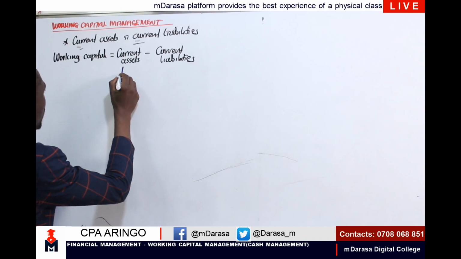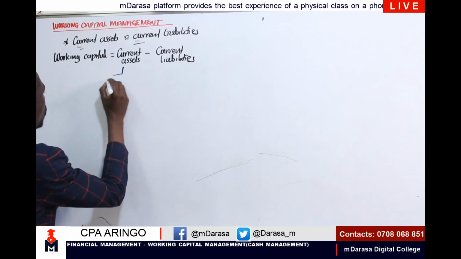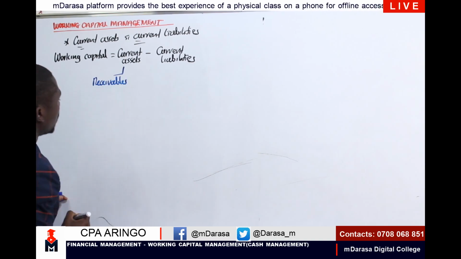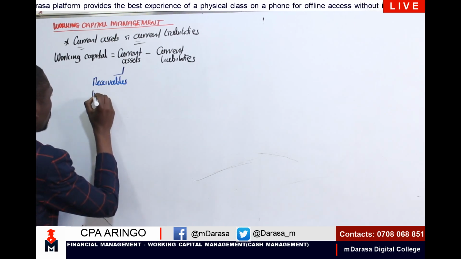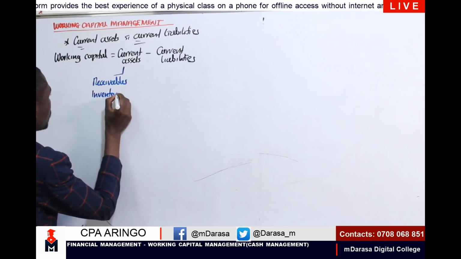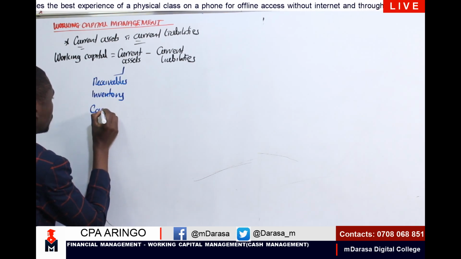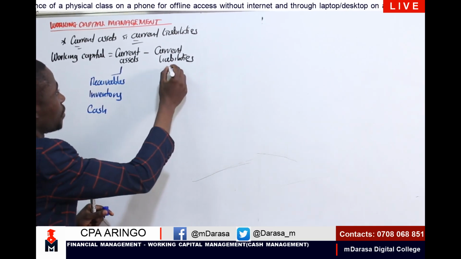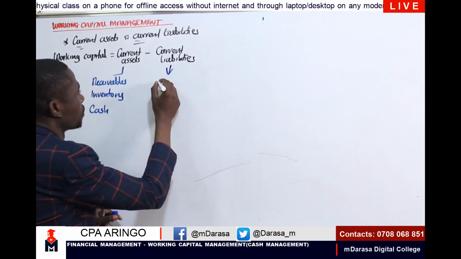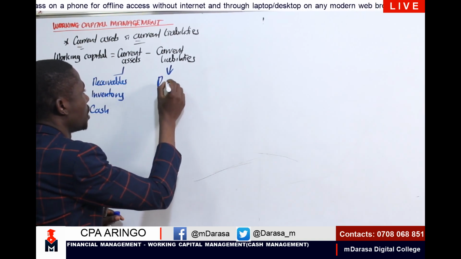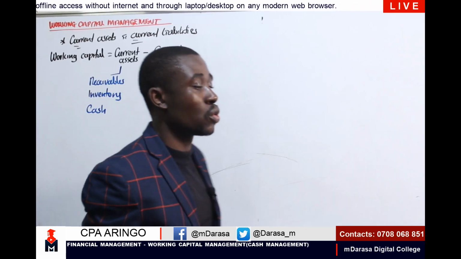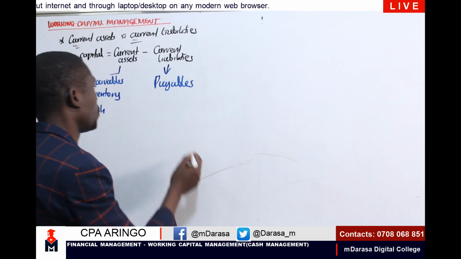Talking of current assets, key elements are receivables, inventory, and cash. Under current liabilities, mainly we will be talking of payables, although current liabilities also include items such as overdrafts and others.